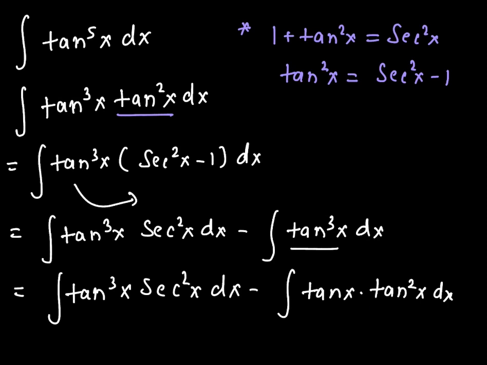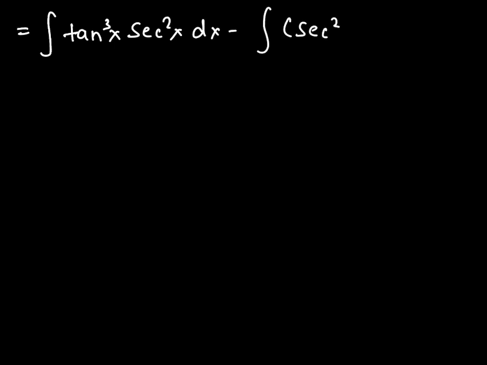Now we're going to again replace the value of tangent square x with secant square x minus 1, so we would have the integral of tangent cube x into secant square x dx minus the integral of secant square x minus 1 into tangent x dx.